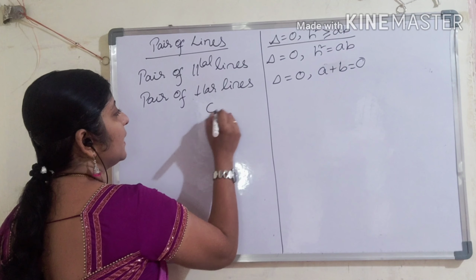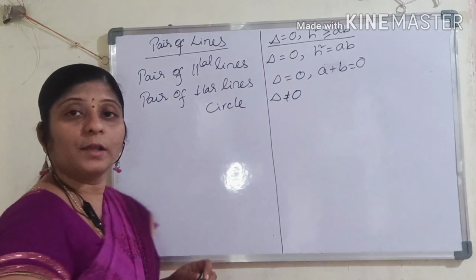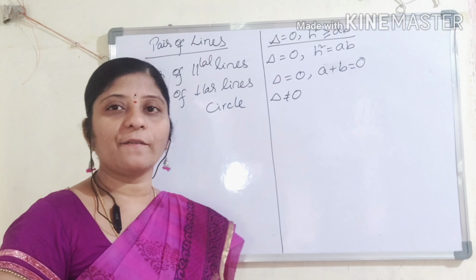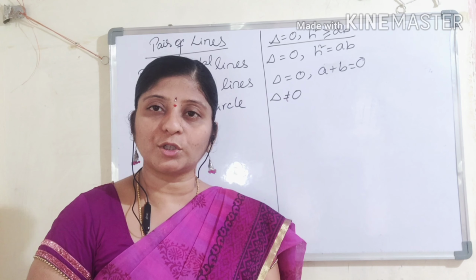If delta is not equal to 0, we get a circle. What is the equation of a circle? (x minus alpha) whole square plus (y minus beta) whole square is equal to r square.